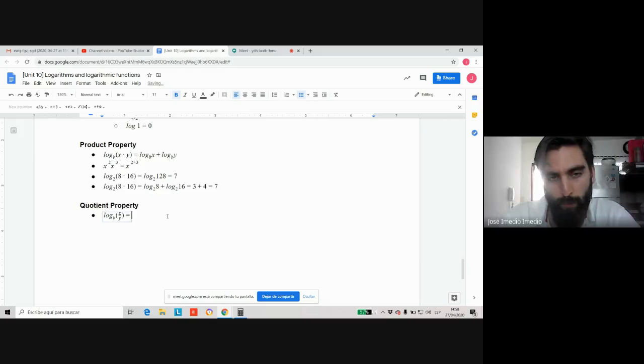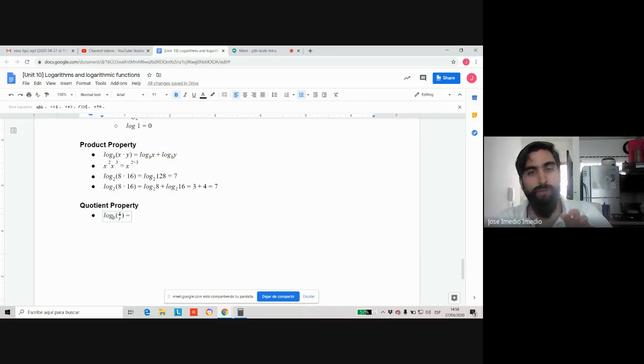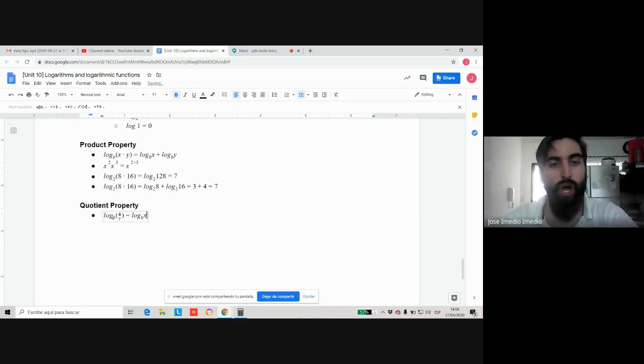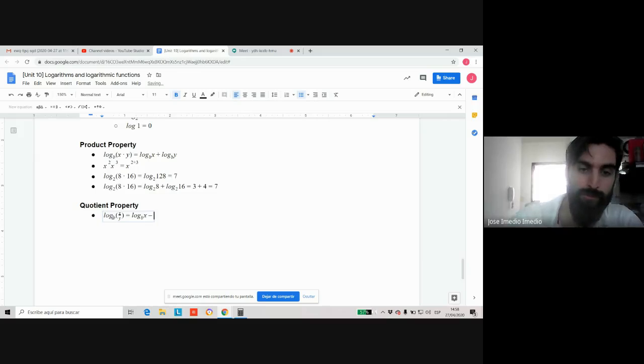So the quotient property says that the logarithm of a quotient is the difference of the individual logarithms. Okay, so this equals the logarithm base b of x minus the logarithm base b of y.